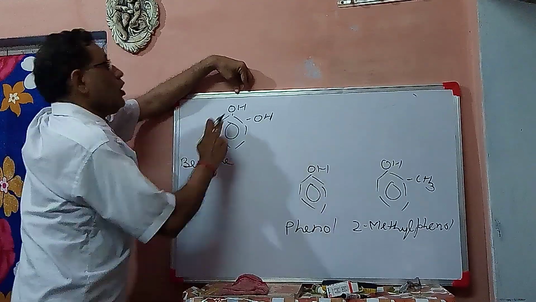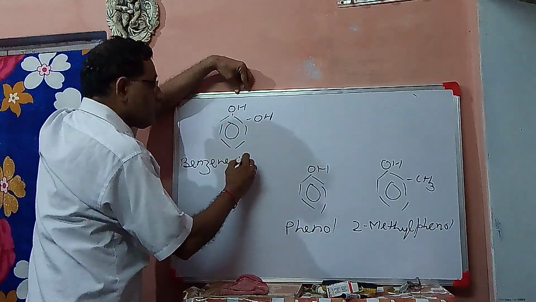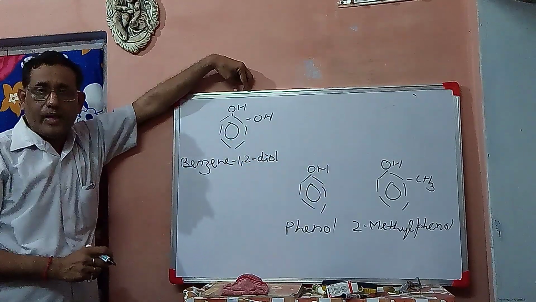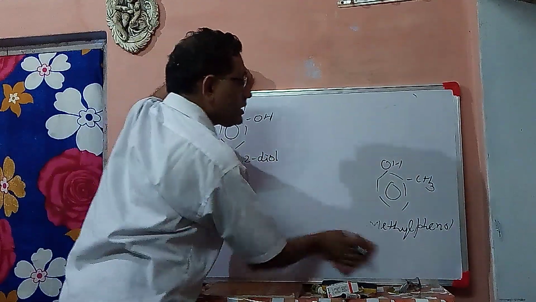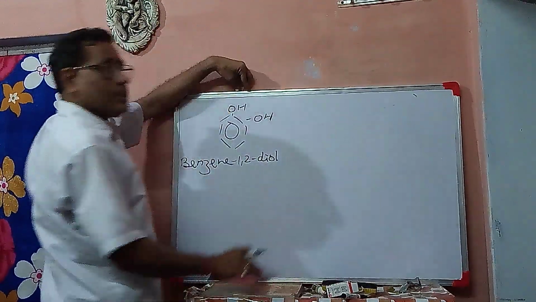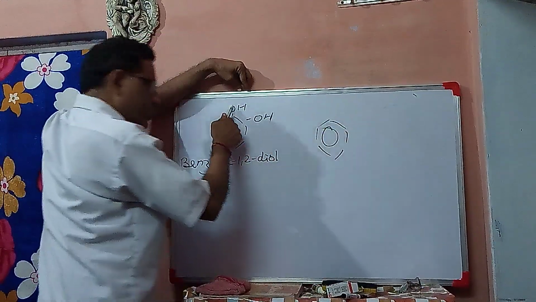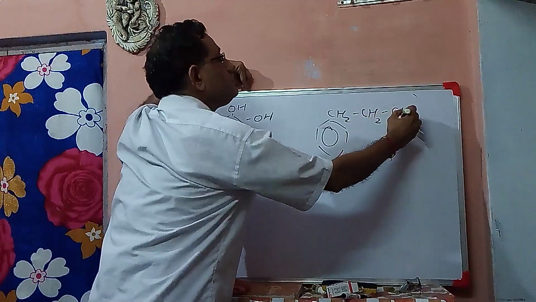In the benzene, on the first and second carbon, OH is present. So benzene-1,2-diol. Benzene-1,2-diol. These are IUPAC names of phenols. Clear?